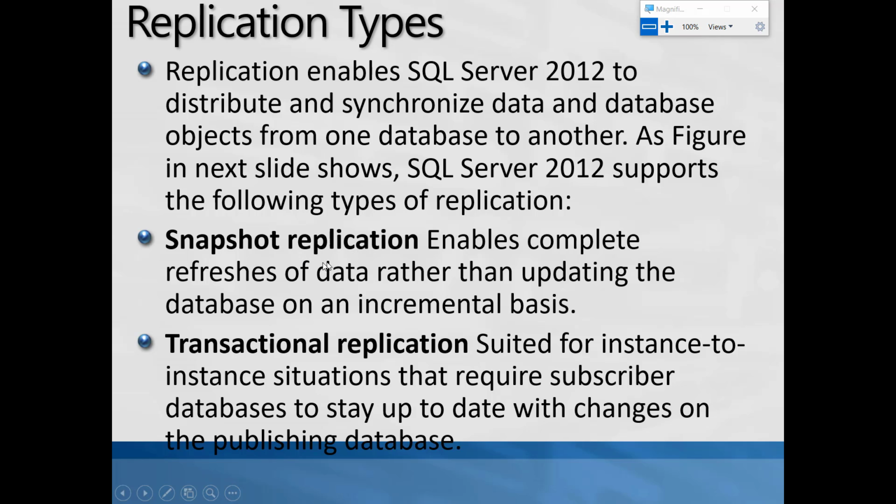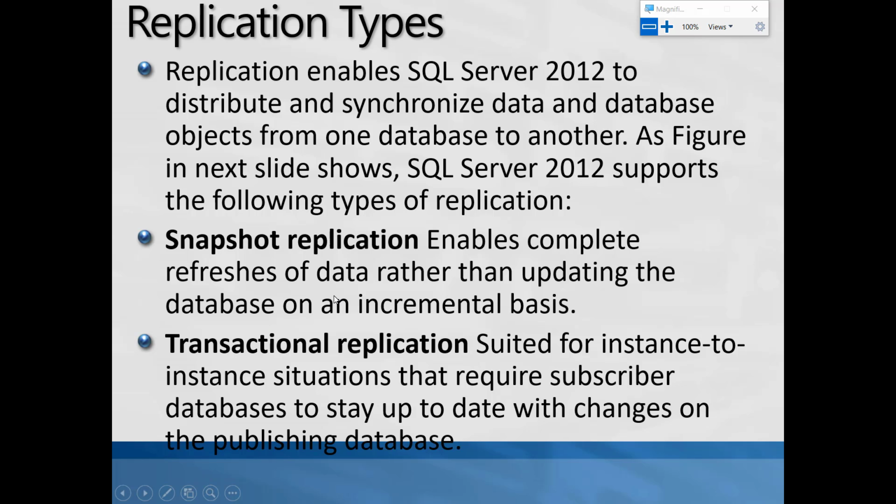First of all, snapshot replication enables complete refreshes of data rather than updating the database on an incremental basis. So snapshot is a kind of point in time backup. Whatever full snapshot has been taken is also transferred to the subscriber.